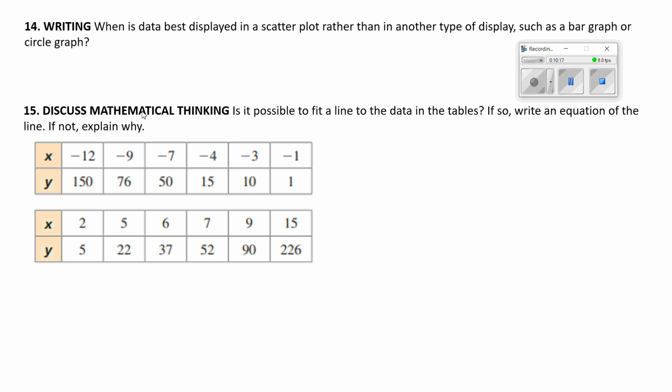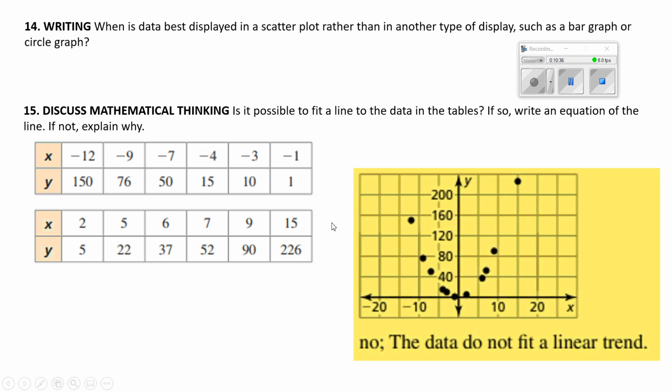It says, discuss mathematical thinking. Is it possible to fit a line to the data in the tables? So they want to know, can we put a line to this data in the tables? If so, write an equation of the line. If not, explain. So, okay, let's go ahead and do that. If we're doing this, we see negative 12 and 150, we're over here at negative 12 and 150.